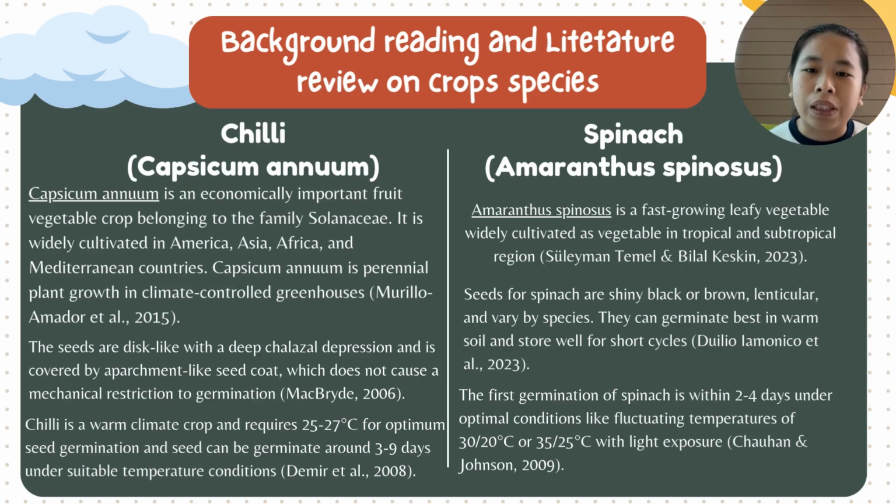It can germinate in warm soil and store well for short cycles. First germination of spinach is within 2 to 4 days under optimal conditions, like fluctuating temperatures of 30/20 degrees Celsius or 35/25 degrees Celsius with light exposure.